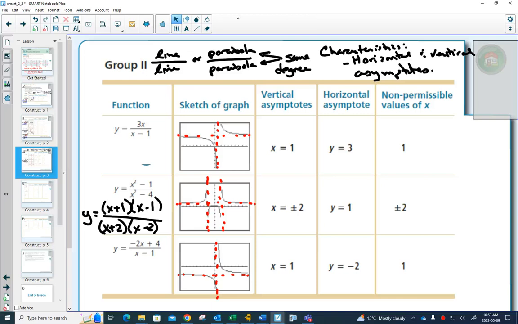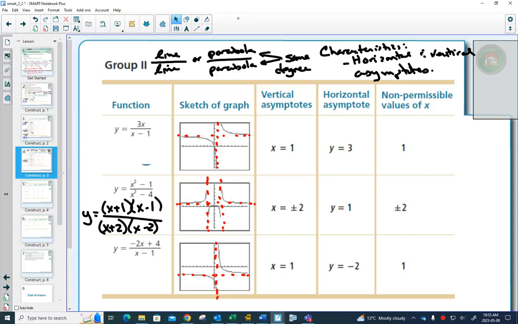For example, put in a million. Would you agree that 3 times x, if you put in a million, would be 3 million? And a million minus 1 is really close to a million. And if you took 3 million and divided it by something close to a million, you would be close to 3.